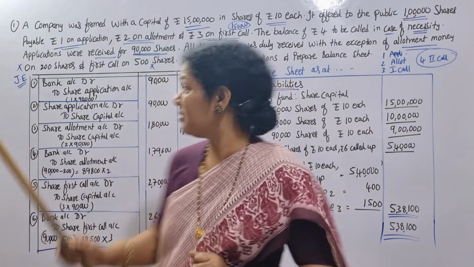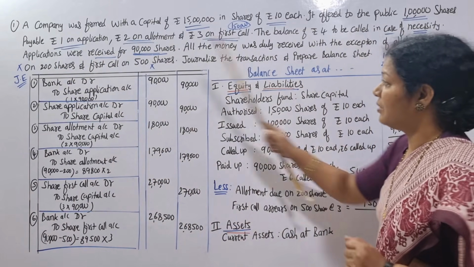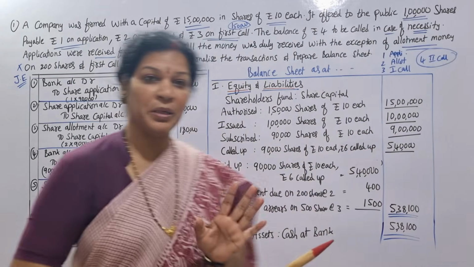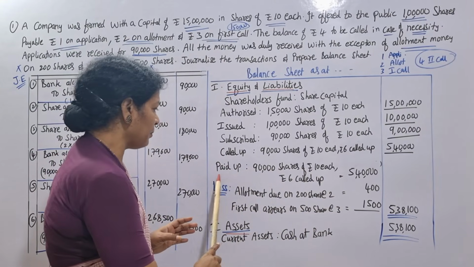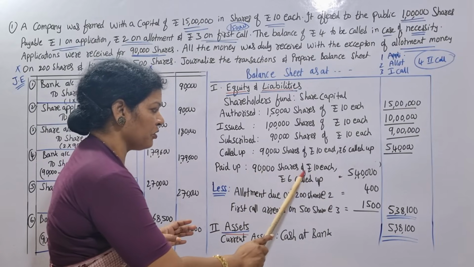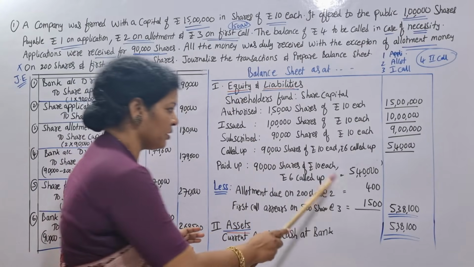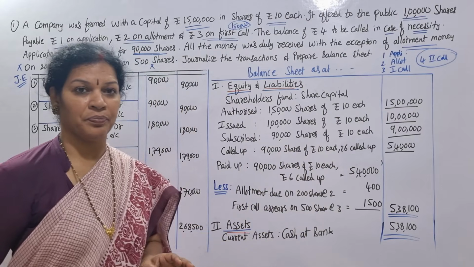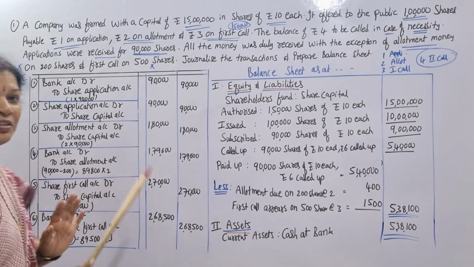Are you getting 5,40,000? There are some arrears. Do you remember? 200 shares on allotment and 500 shares on first call. They are not paying it, so that you have to deduct. Out of 5,40,000, 200 and 500 shares we have to deduct.